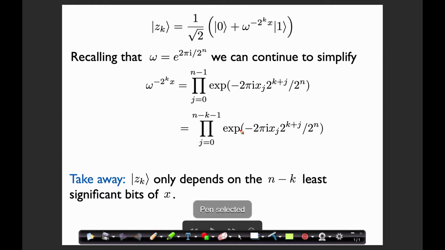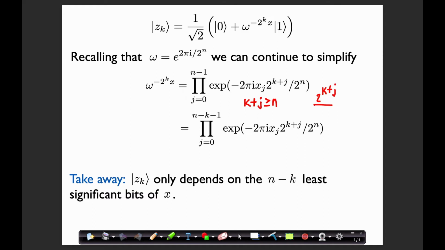Now notice what happens here. When k plus j is bigger than or equal to n, then this term 2 to the k plus j over 2 to the n.